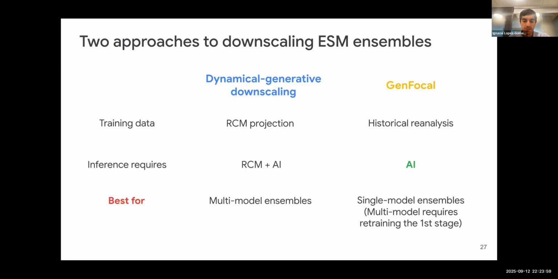Whereas the second one is particularly designed for downscaling single model ensembles. And this comes from the fact that the first stage, the debiasing stage, is just learning biases that are very, very specific to the input climate model. And so if we wanted to use GenFocal, let's say, to downscale multimodal climate projections, we would have to retrain the first stage. And so that's something that has to be weighed in when using these different methods.